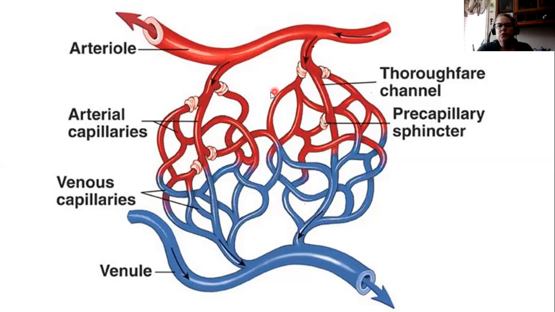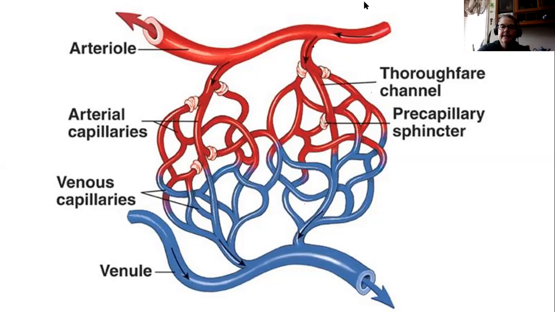All right. So when I look at this image, is this image showing me an example of a pulmonary circuit or a systemic circuit? Okay, taking a look at this image. Is this an example of a pulmonary circuit or a systemic circuit? Okay, I see that it's a systemic circuit. That's right.